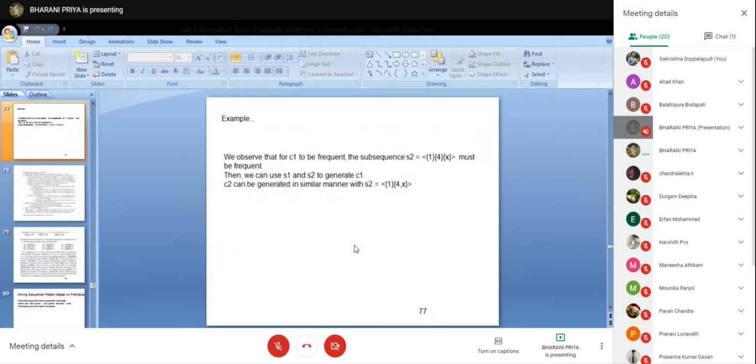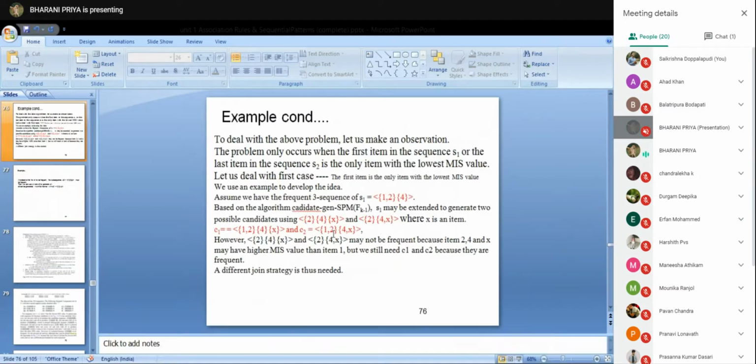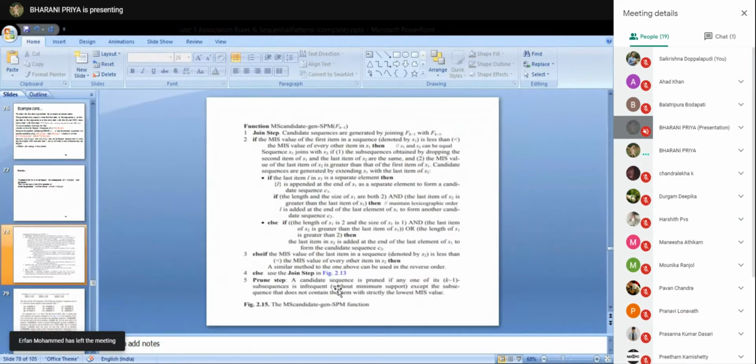Same repetition. As we are extending with another item, a different joining strategy is used for joining the items. This is the main point to remember. Joining step.